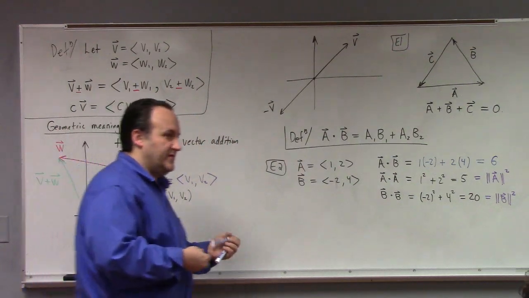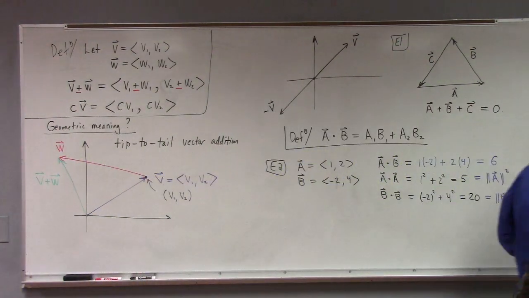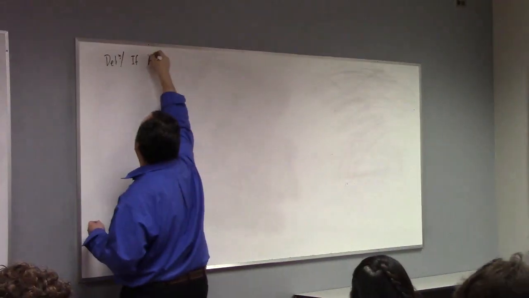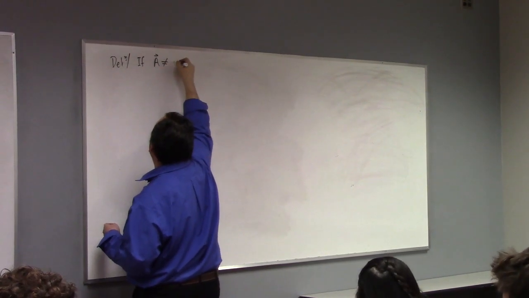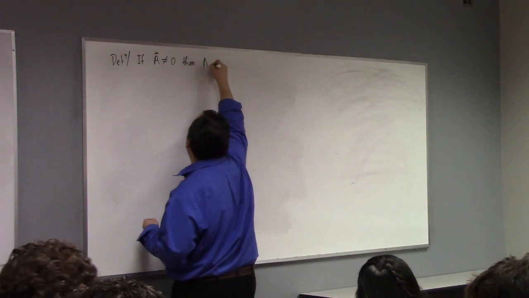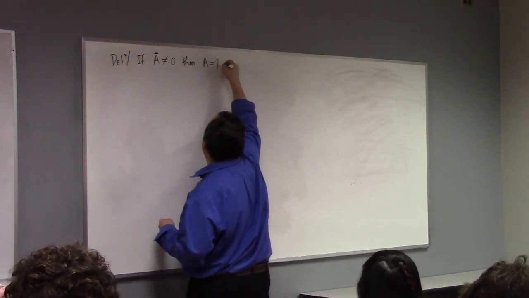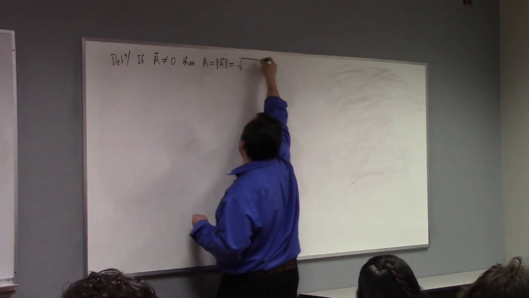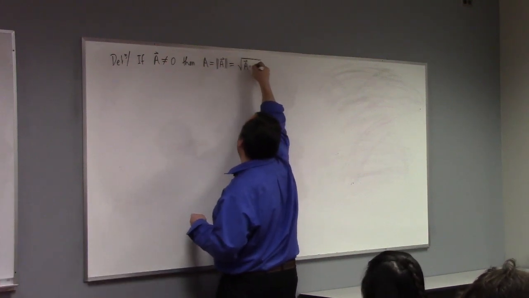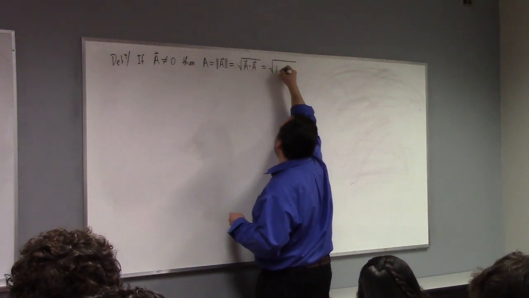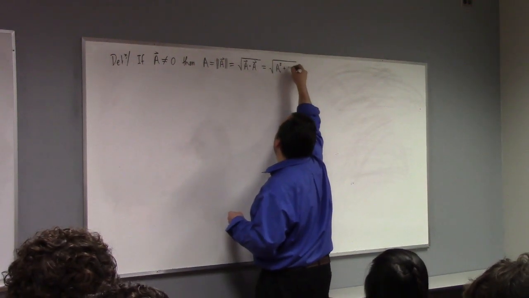So let me make another definition for us. Definition. If A is not equal to 0, then the magnitude of A is equal to the length of A, all right? And we can write that as the square root of A dot A, which is, to be clear, the square root of A1 squared plus A2 squared, all right?